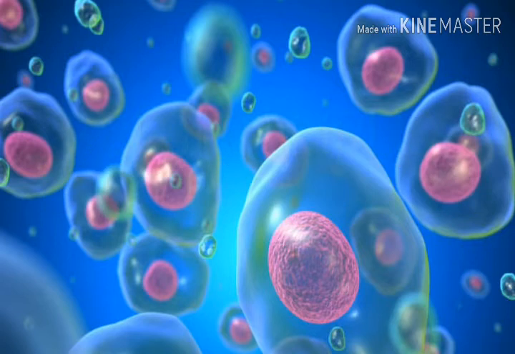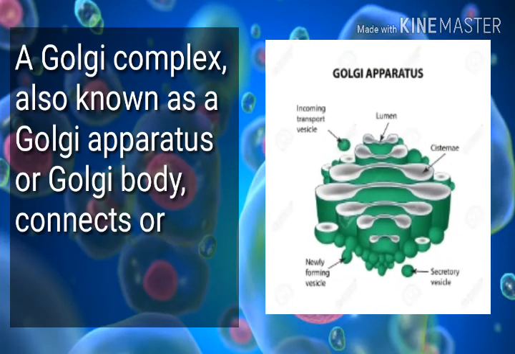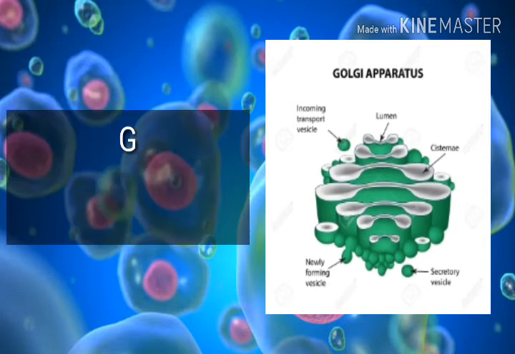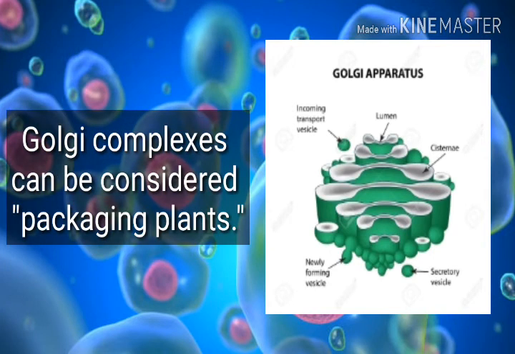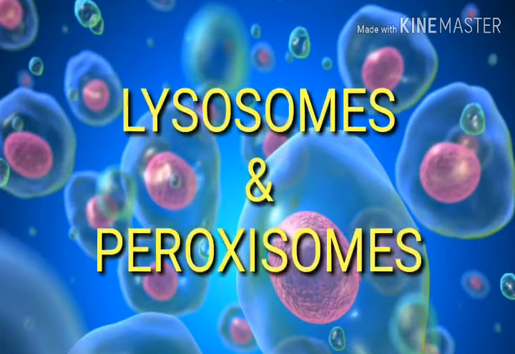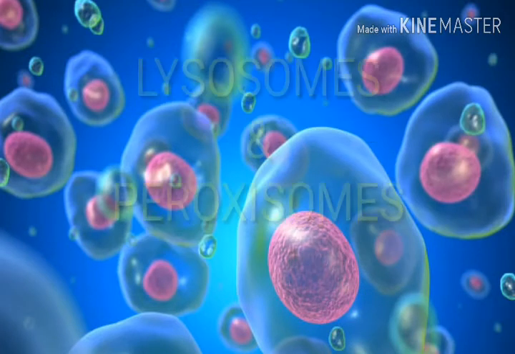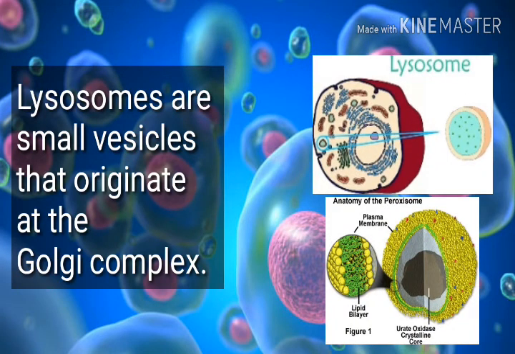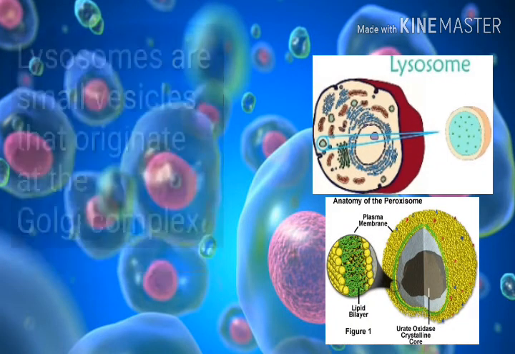Golgi complex. A Golgi complex, also known as Golgi apparatus or Golgi body, connects or communicates with the ER. Golgi complexes can be considered packaging plants. Lysosomes and peroxisomes. Lysosomes are small vesicles that originate at the Golgi complex.